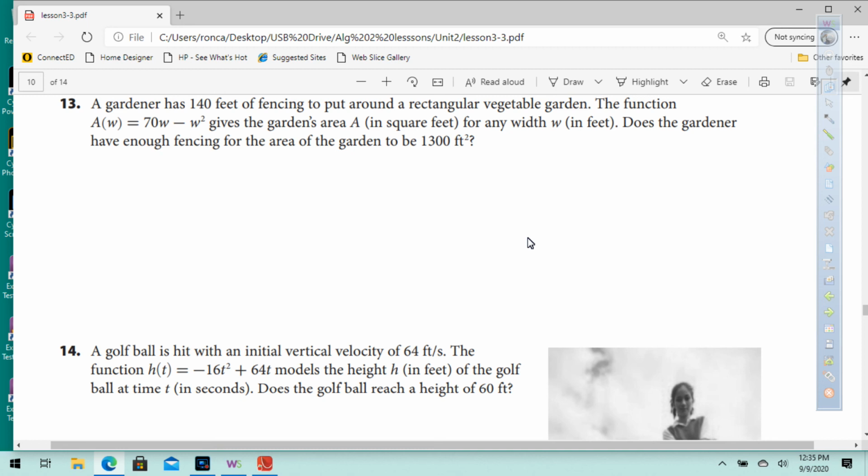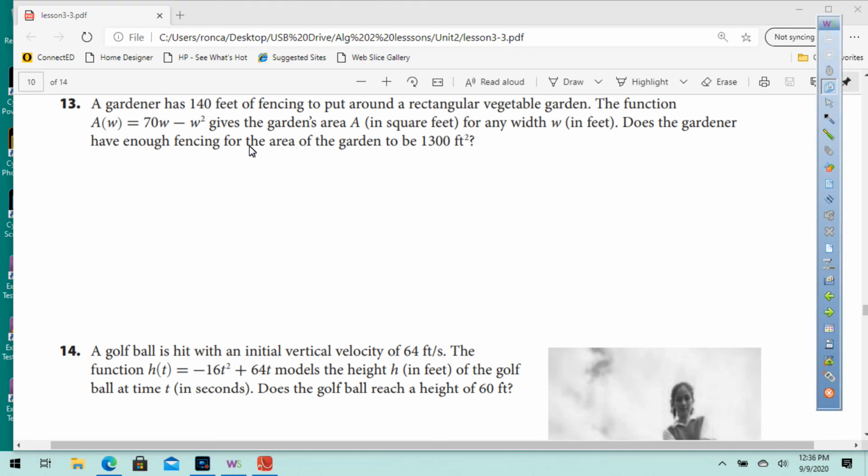A gardener has 140 feet of fencing to put around a rectangular vegetable garden. The function A of w equals 70w minus w squared gives the gardener's area in square feet, with w in feet. Does the gardener have enough fencing for the area of the garden to be 1,300 square feet?